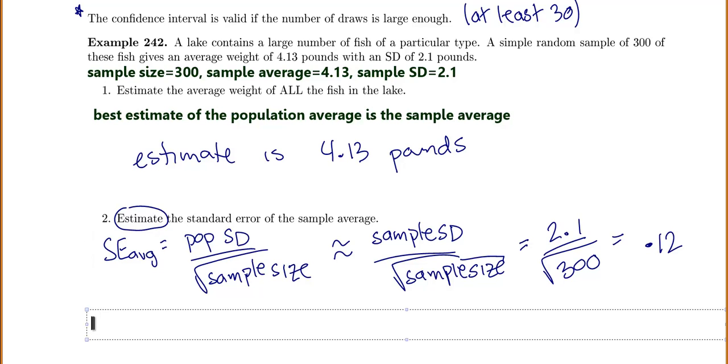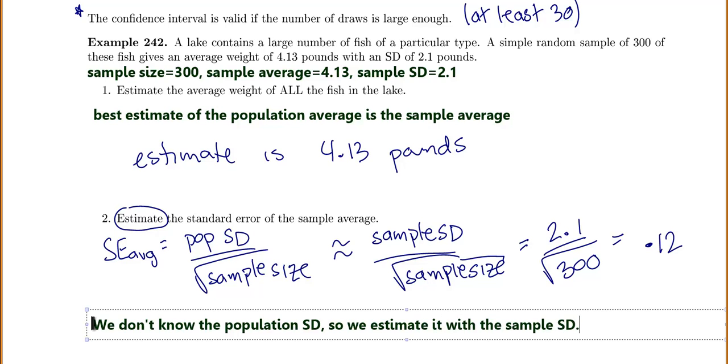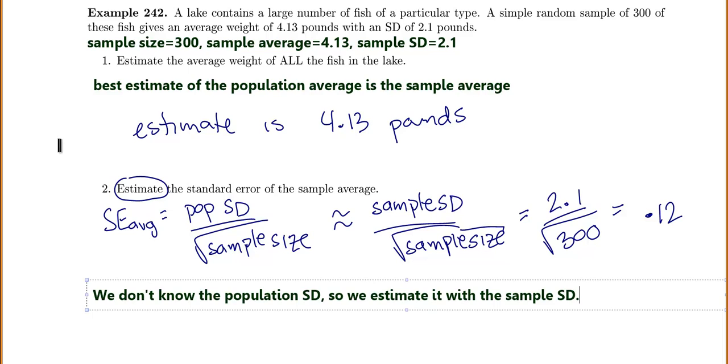So let's just write ourselves the note of we don't know the population standard deviation, so we estimate it with the sample standard deviation. So there's a lot of estimating going on between number 1 and number 2. And that's what happens when you try and use information about your sample to estimate or make educated guesses about the population.